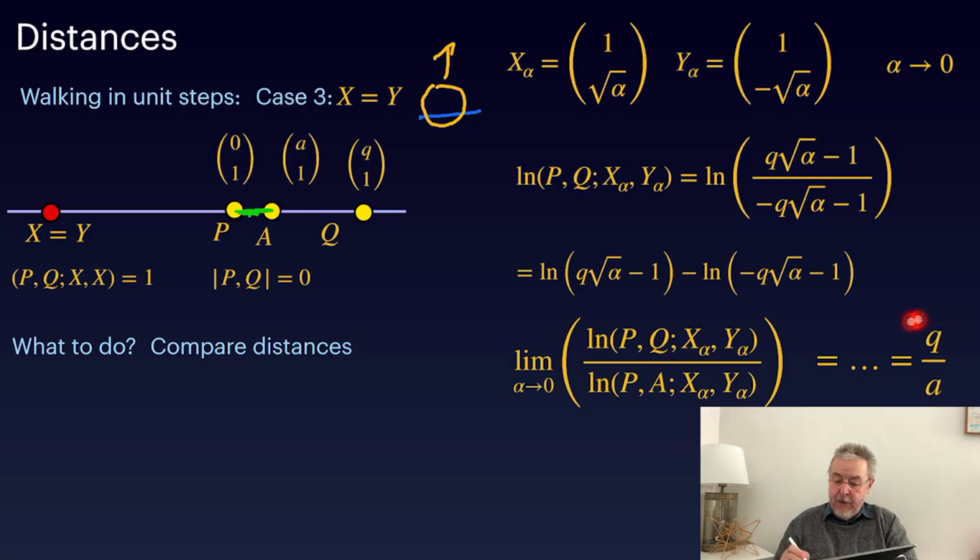Now let's interpret this expression that we get here. Well, if you have a point q, the distance here is just the quotient of those distances here, which simply means that you have our usual Euclidean measurement of distances as we always have on the real axis.